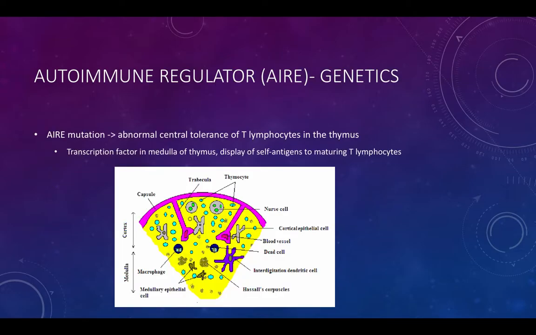So first we begin with the autoimmune regulator, or AIRE gene. A monogenic mutation in the AIRE gene leads to abnormal central tolerance of T lymphocytes in the thymus. Why is that? Here's a diagram of the thymus, shown in a sort of wedge shape.